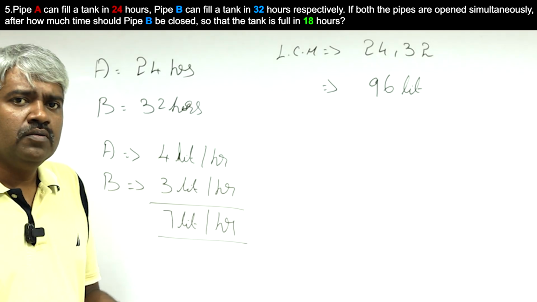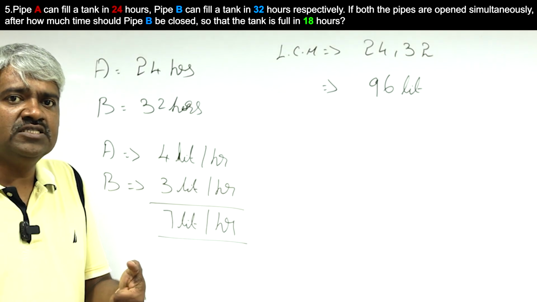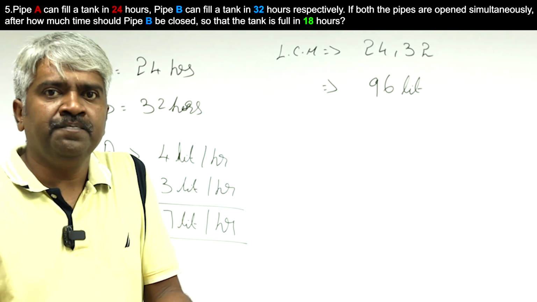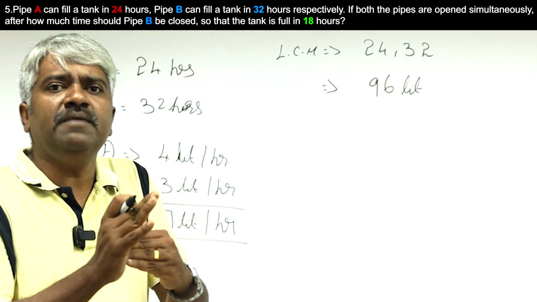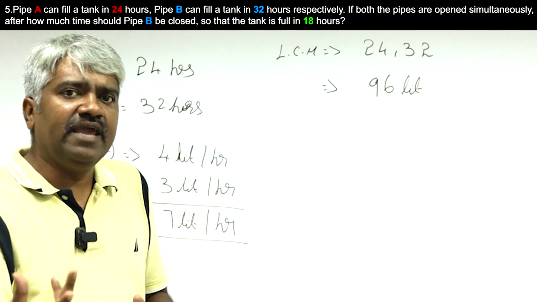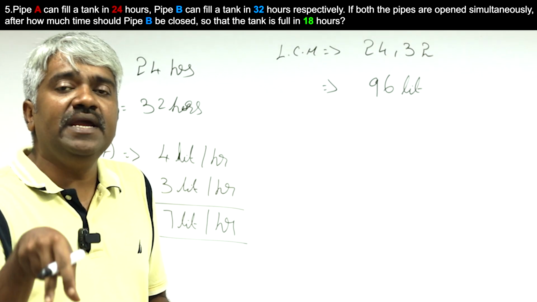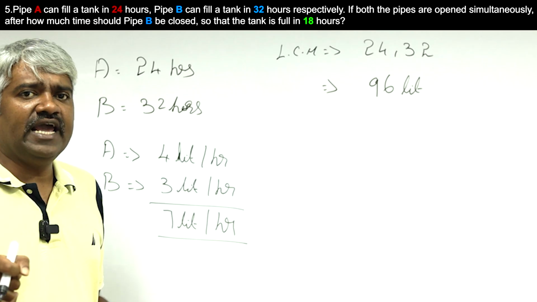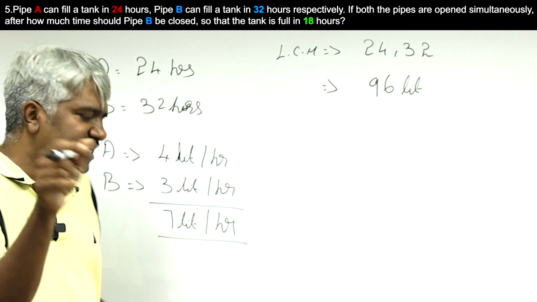Right? Now, the data required is, okay, pipe A and pipe B are open together. After some time, I am going to close pipe B. So, what is the time required for pipe B to be open? Since we don't know that, let us assume that the time for which pipe B is open is X hours.